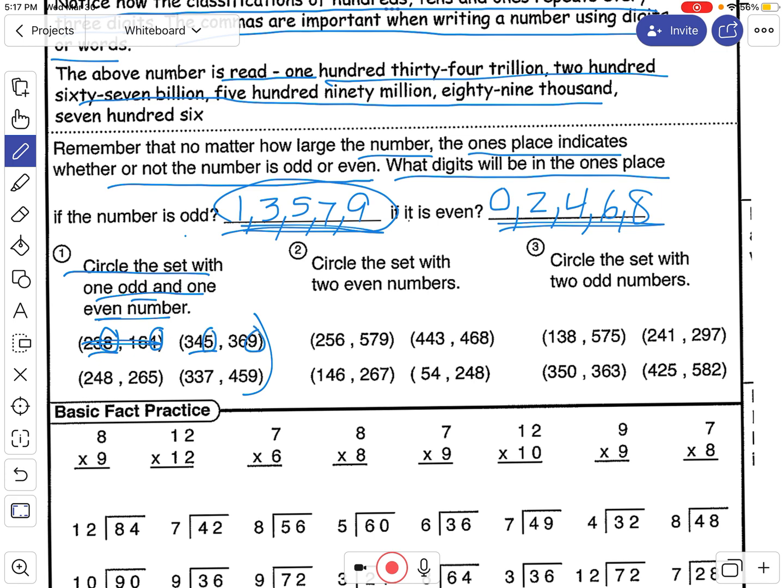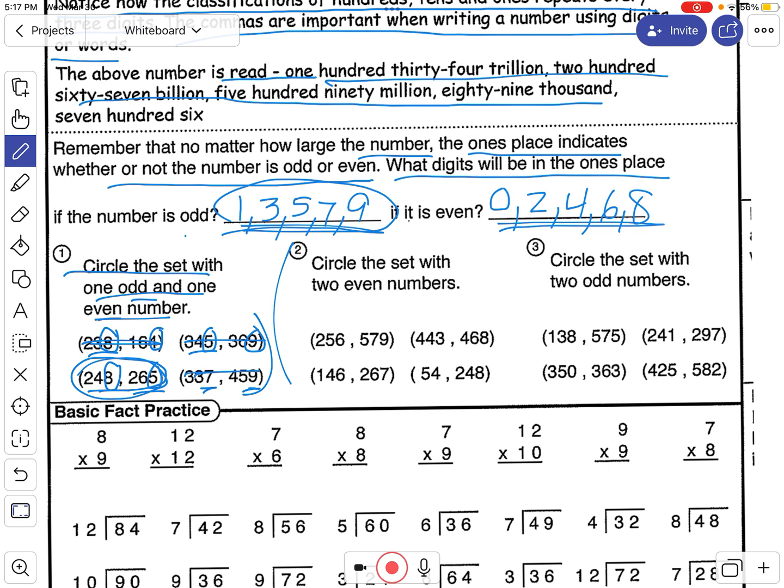The 9 is odd, 2 odds. Here we have 248, the 8 is even. 265, the 5 is odd. So there we have even and odd, so you should have chosen this one. This number is odd, and the other number is odd, so we have 2 odd numbers there.